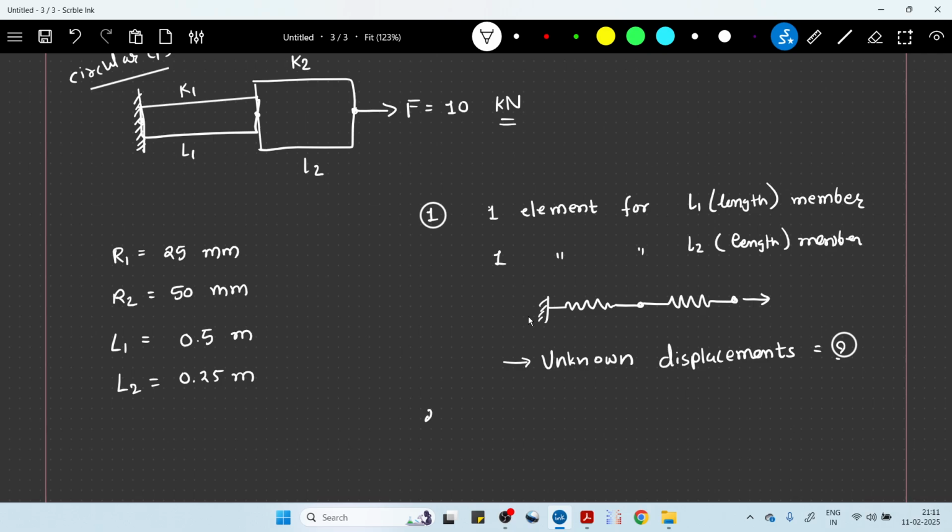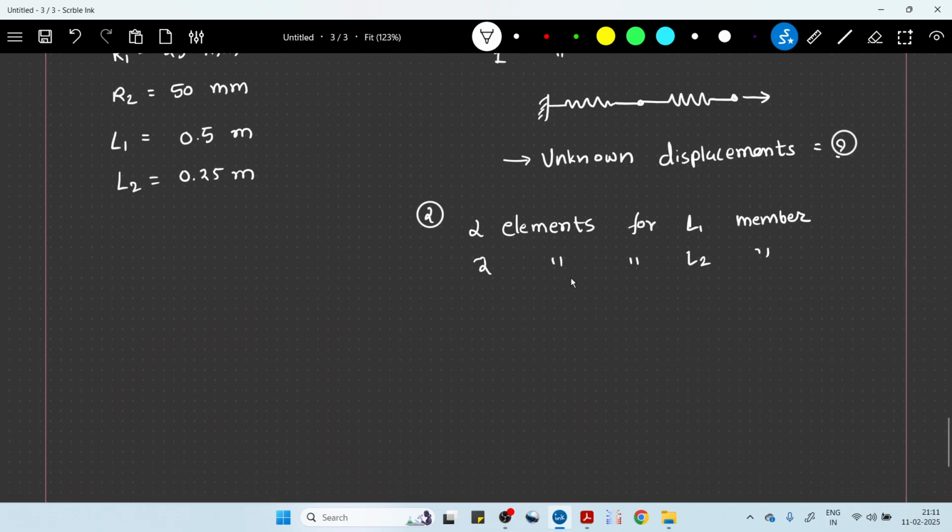And the second problem is that each length, L1 and L2, we divide into two elements. Two elements for the L1 member, and discretizing the L2 member as well with two elements. So it will look something like this.